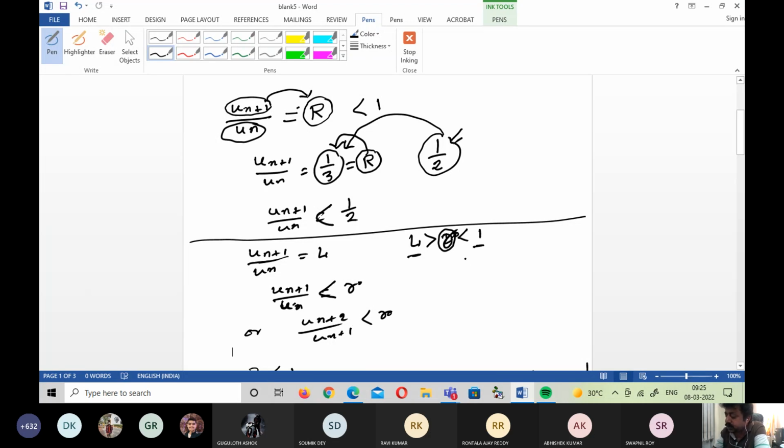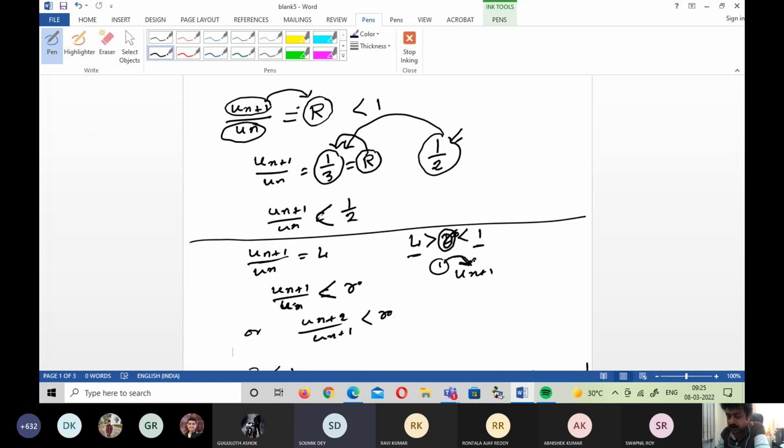Here just write one line: you have to transfer all the terms into one representation, in terms of u(n+1), and apply the concept of comparison test and geometric series.